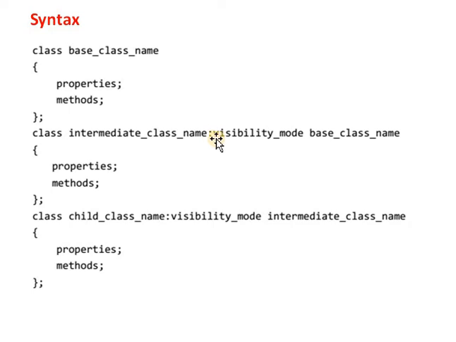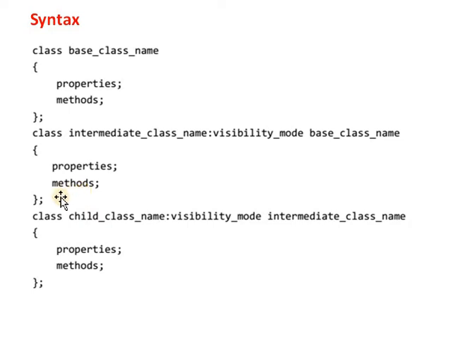After the colon operator, we first specify the visibility mode, that is either public, protected or private. Then after the visibility mode, we specify the base class name. Then in that class definition, we write the different properties and methods for that class.